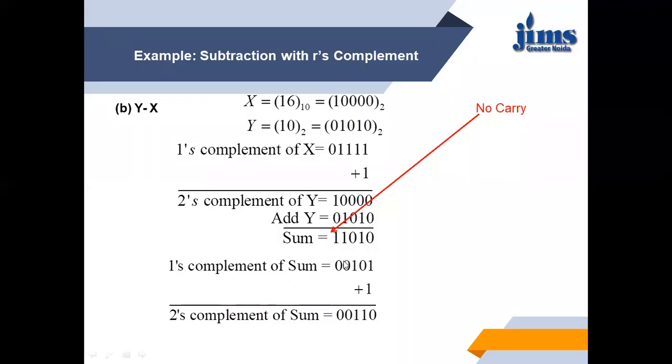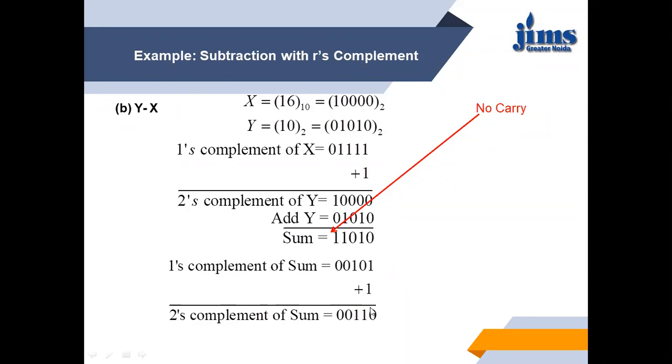It is 0, 0, 1, 0, 1. The 1's complement is nothing but complementing the number: 1 is replaced by 0, 0 is replaced by 1, and then I have added 1 to the 1's complement. It will result in the 2's complement.